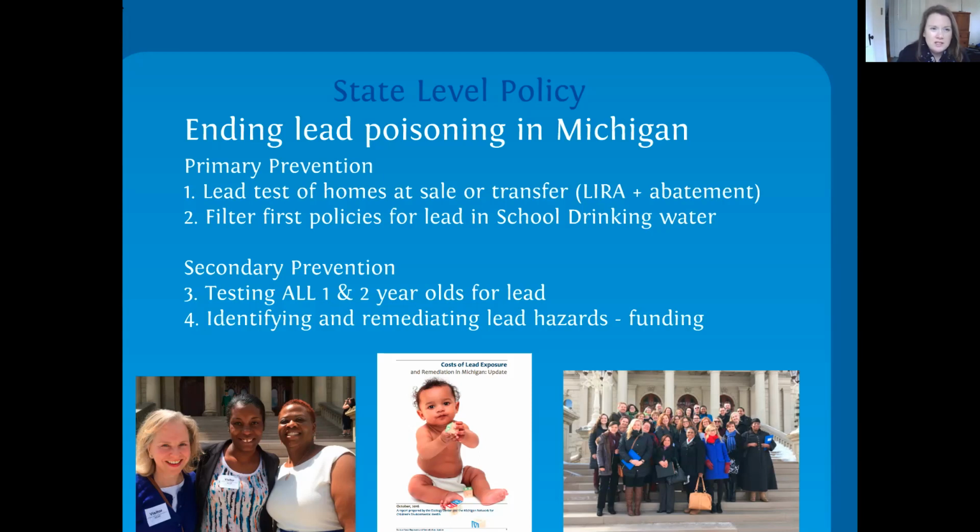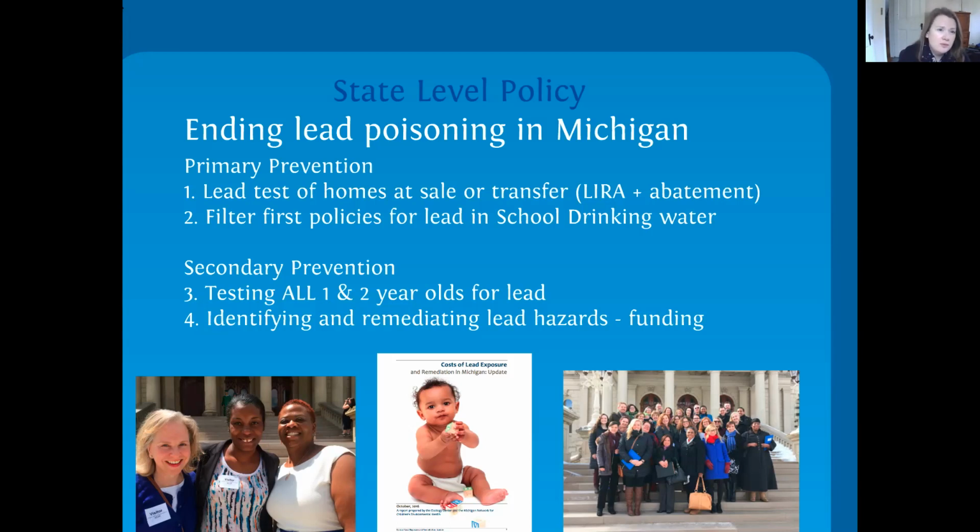And the Ecology Center is working with partners in the Michigan Environmental Council, the Sierra Club, Clean Water Action, Natural Resources Defense Council, ACLU, Michigan Nurses Association, the list goes on and on and on. Educators as well, to make sure that we have filtered drinking water stations available at a rate of 1 per 100 students and staff in our schools, in our daycare centers.